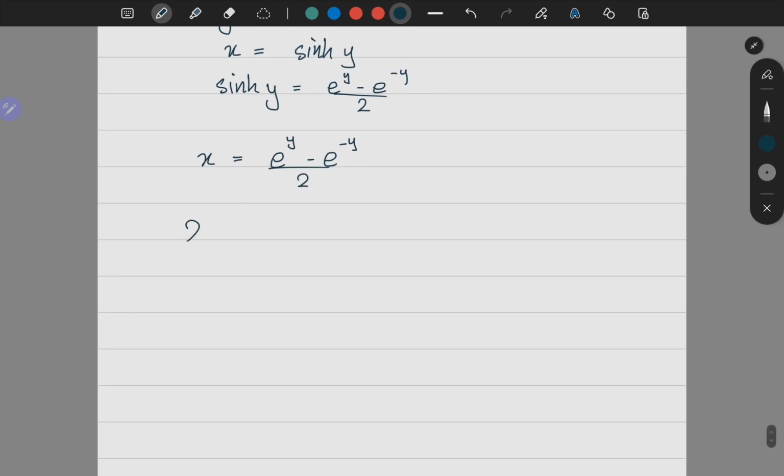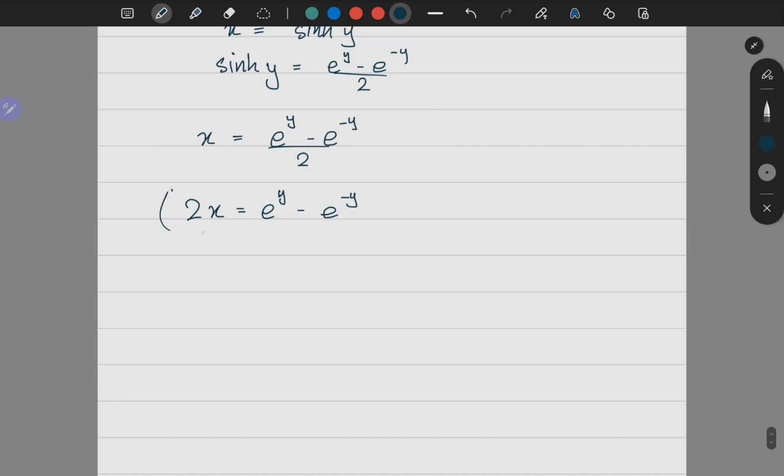Then let's multiply by 2 on both sides, and then we can multiply everything by e to the y. That gives us 2x e to the power y equals e to the power 2y minus 1. So e to the power 2y minus 2x e to the power y minus 1 equals 0. I brought everything to one side.